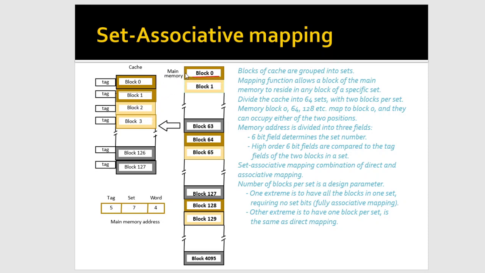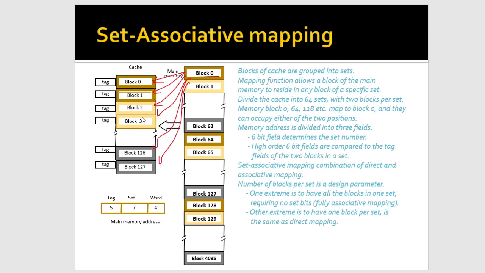Block 0 can be placed in block 0 position, block 1 position, block 2, block 3, block 127, block 126, like that. That means it is a one to many mapping function. Block 0 can be mapped anywhere in the cache. Any block from the main memory can be mapped anywhere in the cache memory.